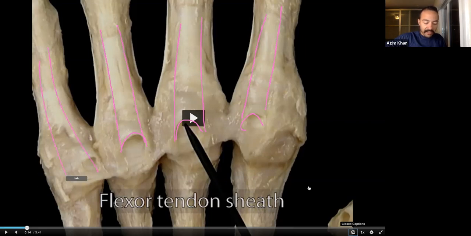You can see tendon here that's deep to this. And tendon would fit in this spot. What's surrounding it is the sheath, and the sheath has synovial membrane and synovial fluid, normally would.